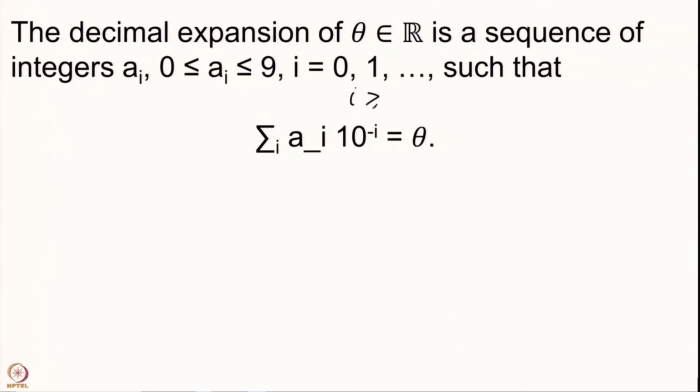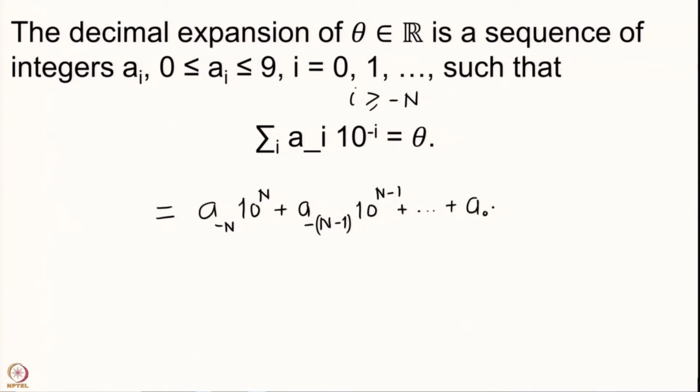So, i is going to be bigger than or equal to some minus n onwards. So, we have this expansion which will be a_(minus n) 10 power n plus a_(minus n minus 1) 10 power n minus 1 plus dot dot dot plus a_0 into 10 power 0, which is just 1, plus a_1 into 10 power minus 1 plus dot dot dot. This is our expression for theta.